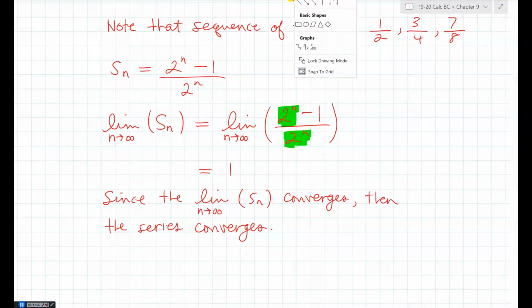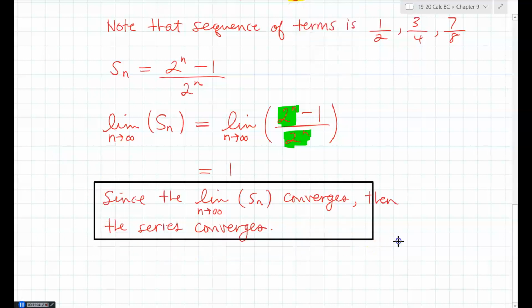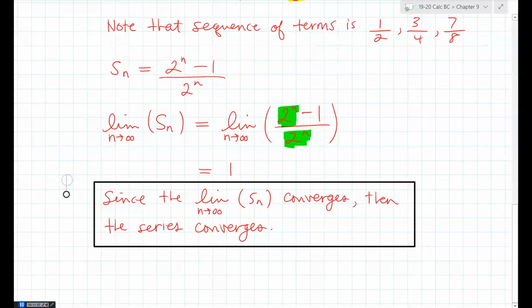Now notice I didn't tell you what value the series converges to. I just told you that it does. We're not so worried about what it's converging to. We're just worried about whether it is getting to some point where it's converging.